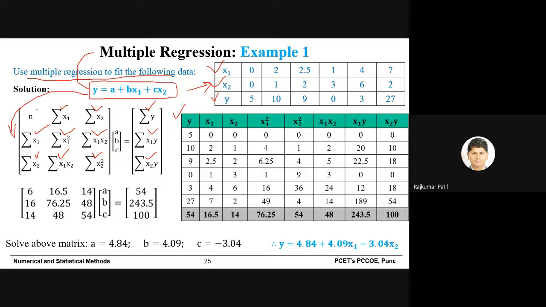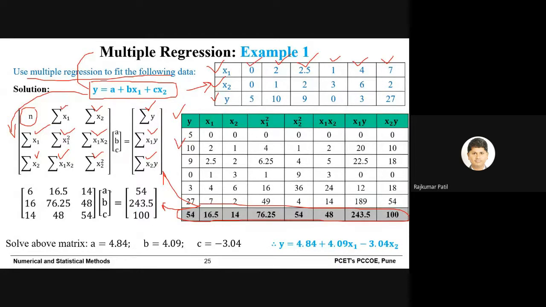Then along with that, just count how many data points are given to you. Once you count that, you will also get the value of n. Then put all the values that you calculated in the table into the matrix, and once you do that you will get the simplified matrix.